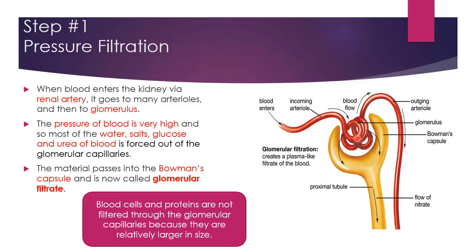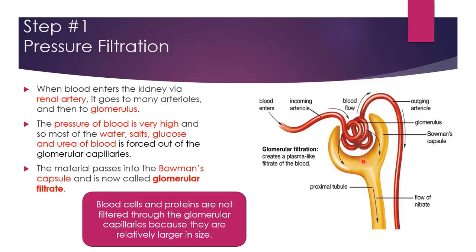And this material, which is filtered from the glomerulus, then moves into the Bowman's capsule. This cup-shaped structure is called Bowman's capsule. The material passes into the Bowman's capsule and is now called glomerular filtrate. Because this filtrate is made by glomerulus, that is why it is called glomerular filtrate.